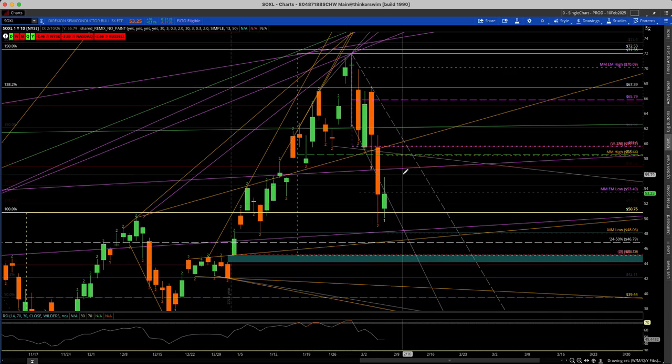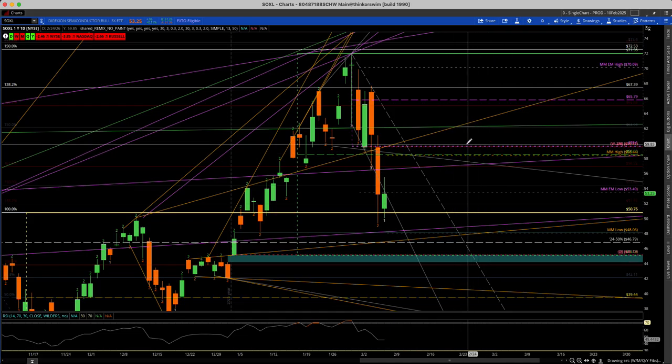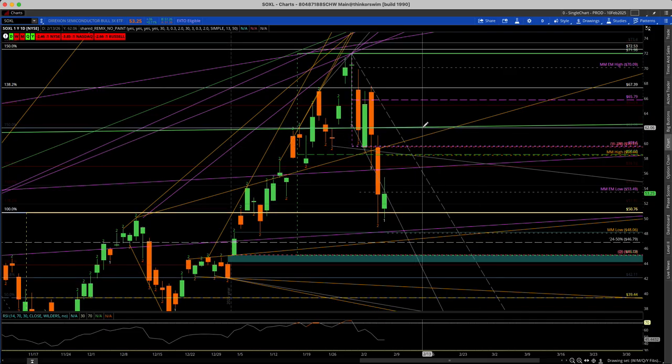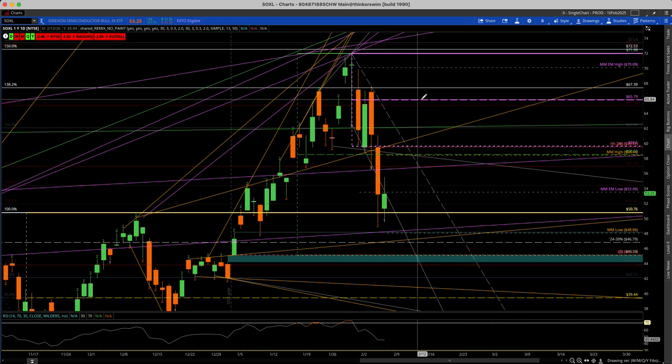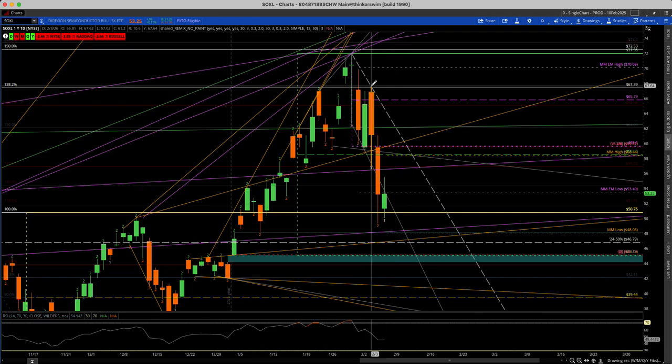Right now, there is a lot of resistance to get through. Market makers expect to move high. Last month's 50% level, the week and month flip, last week's low, this monthly broadening formation, right? This fib extension from the April 7th low, last week's 50% level. It's a lot of resistance to get through, but if it does get through, the magnitude of that move is up here at 67.62.